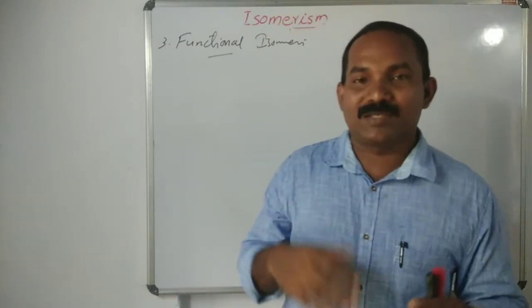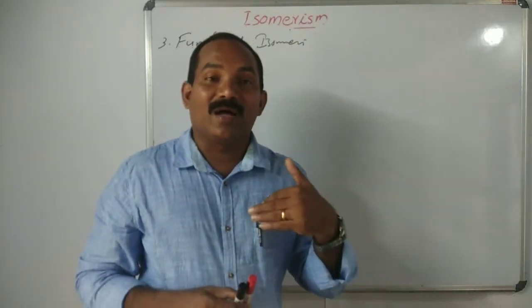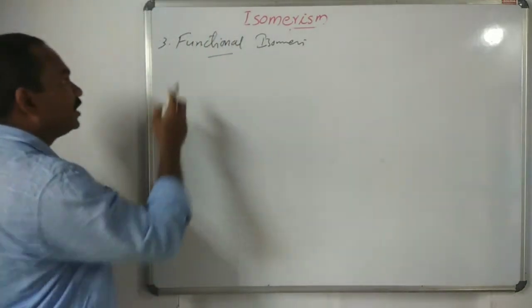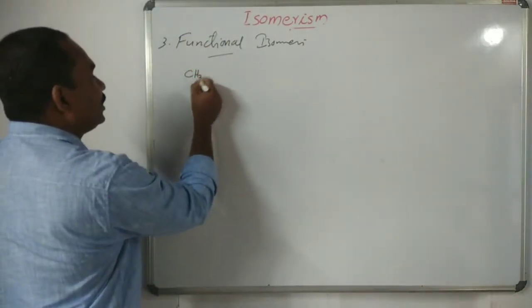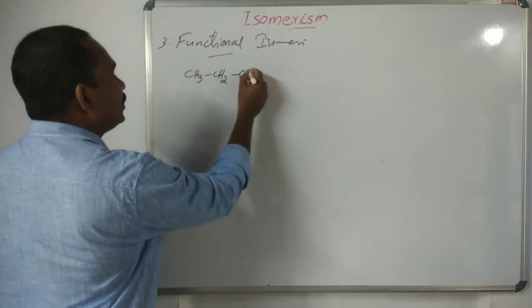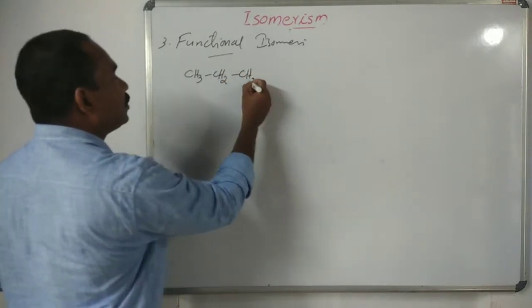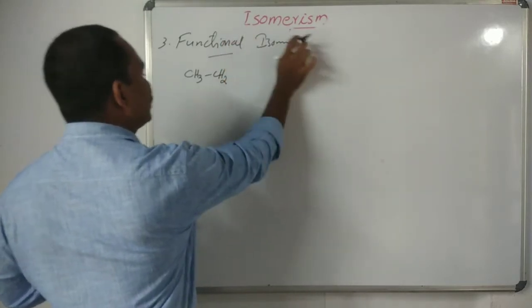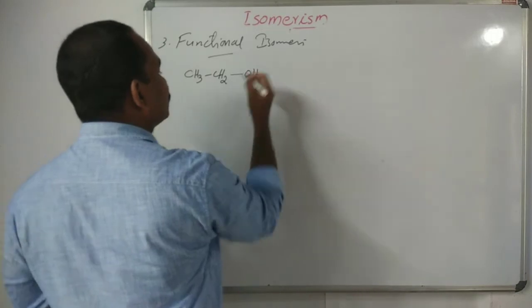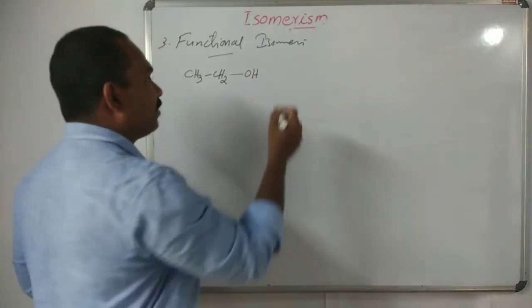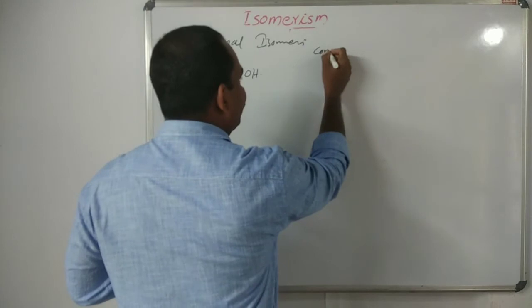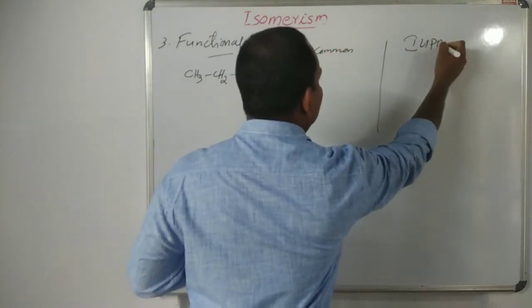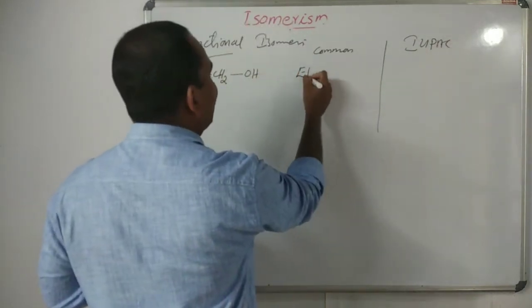Let's discuss some examples; at that time you can understand the concept. We can take one simple example: CH3CH2OH. It is the alcohol family. The common name is ethyl alcohol.